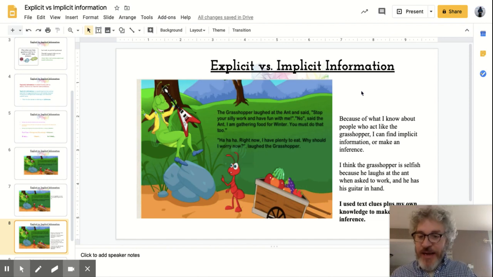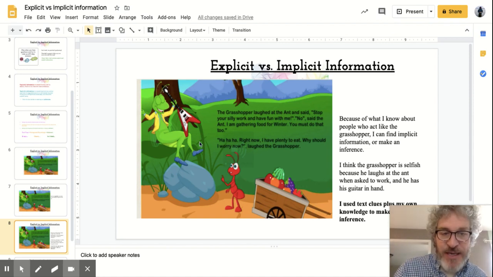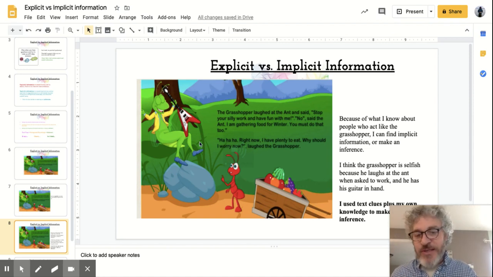I can use my implicit information, an inference. The author doesn't actually say that the grasshopper is selfish and lazy, but he's laughing at the ant because the ant's working, and he's just relaxing with his guitar in his hand. So I can make an inference and use the implicit information to say that the grasshopper is not only selfish, but he's also lazy.